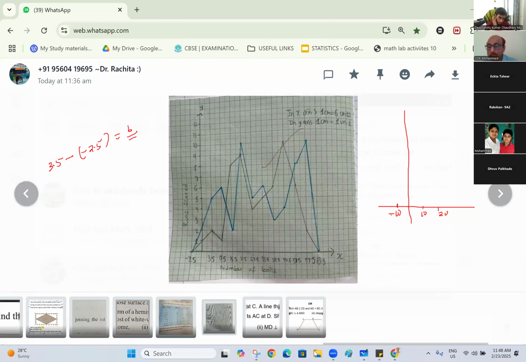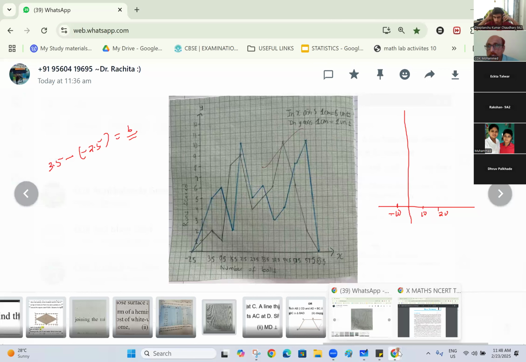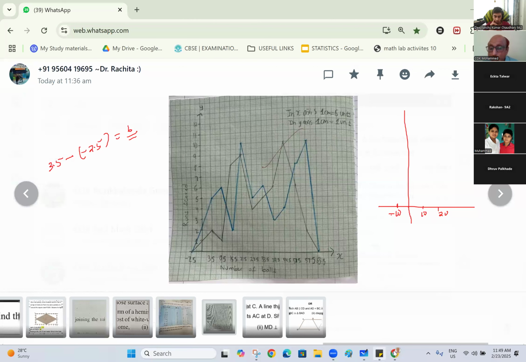But sir, between minus 2.5 and 3.5 there's a gap of 6, but that's 2 centimeters. In the scale we took on the x-axis, 1 centimeter is equal to 6 units. It is not 2 centimeters. You have to take it like this. I will show you. Your graph is like this.